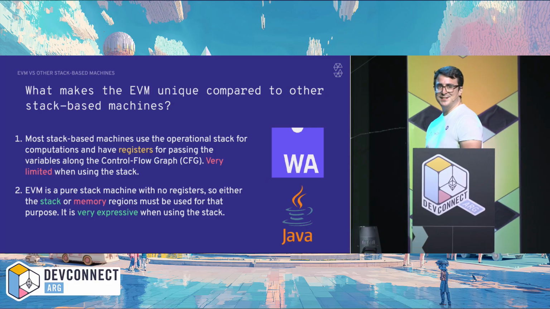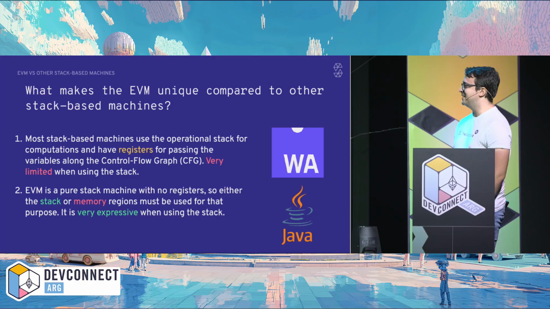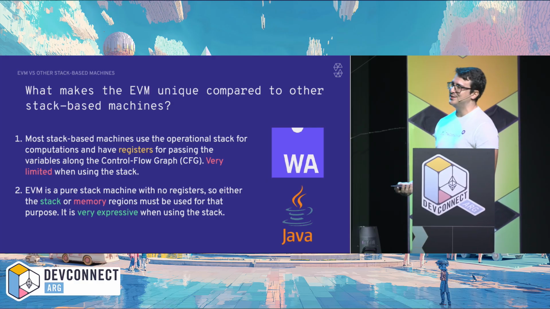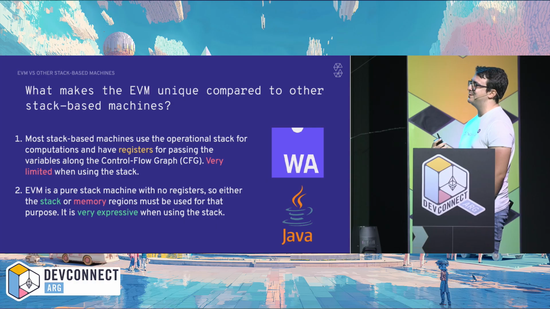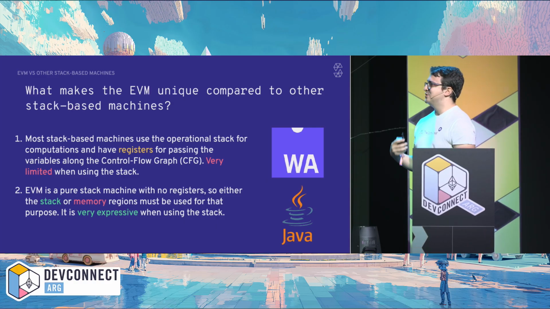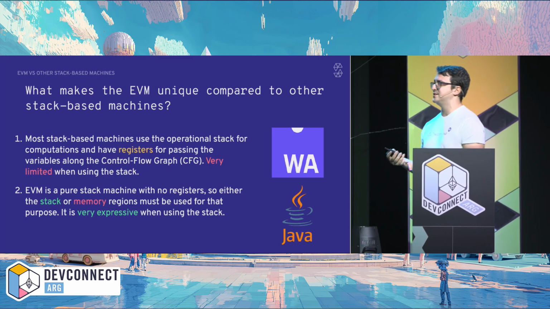So what makes the EVM different from other stack-based machines? Well, the fact that other stack-based machines also rely heavily on registers, whereas the EVM doesn't have registers. So this means that other stack-based machines, whenever they have to perform a computation, of course use the stack.